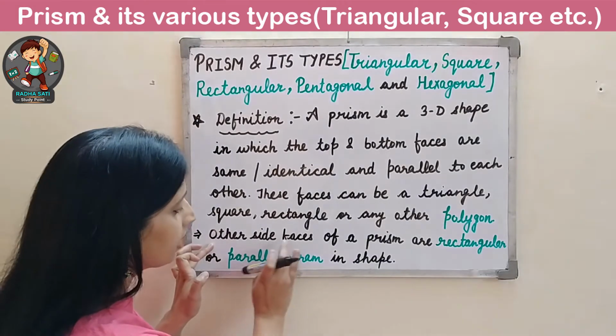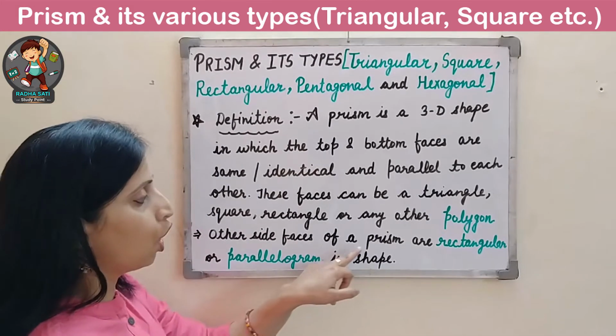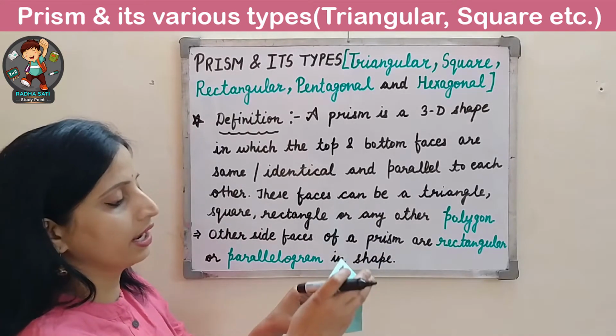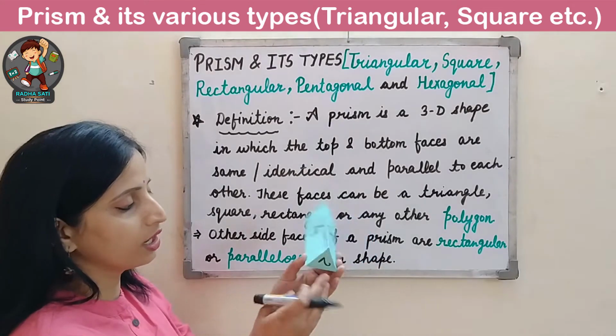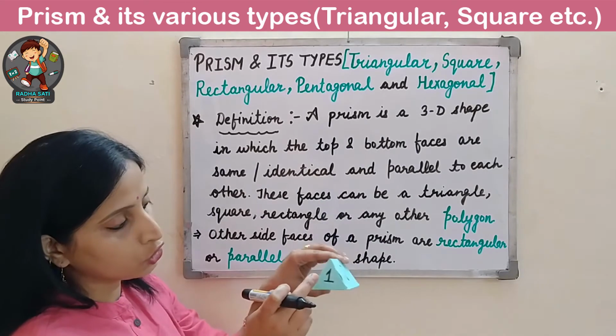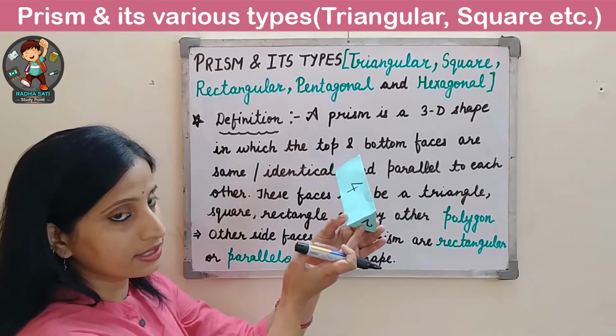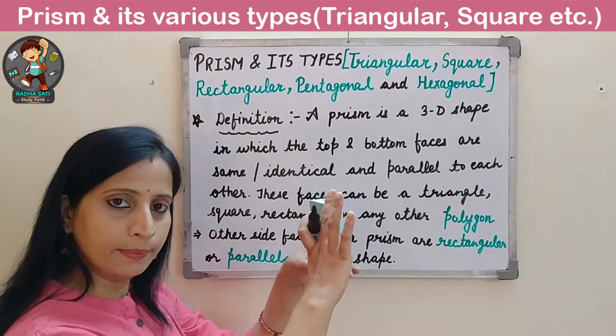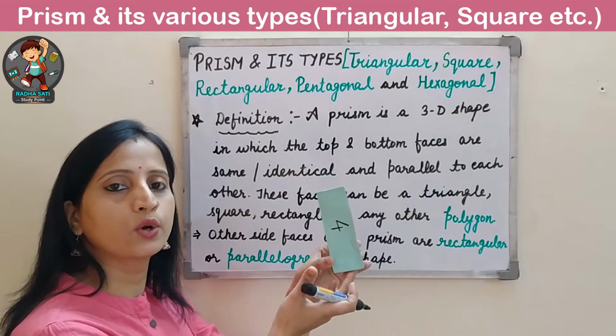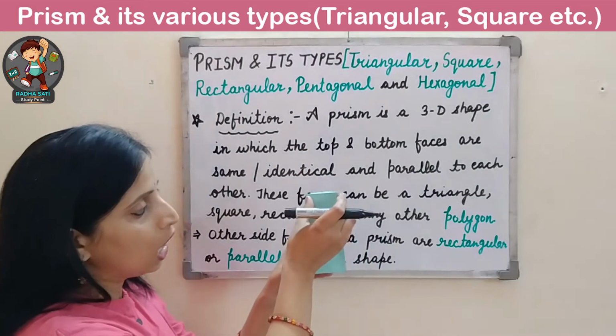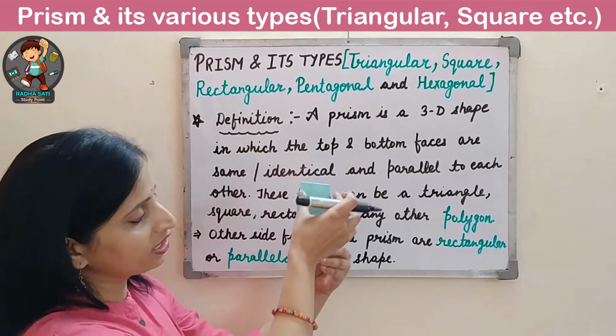Now the other side faces of a prism are rectangular, like here in this triangular prism, because the top and the bottom faces are triangles in shape. That's why we call it a triangular prism. Now we will discuss these side faces.